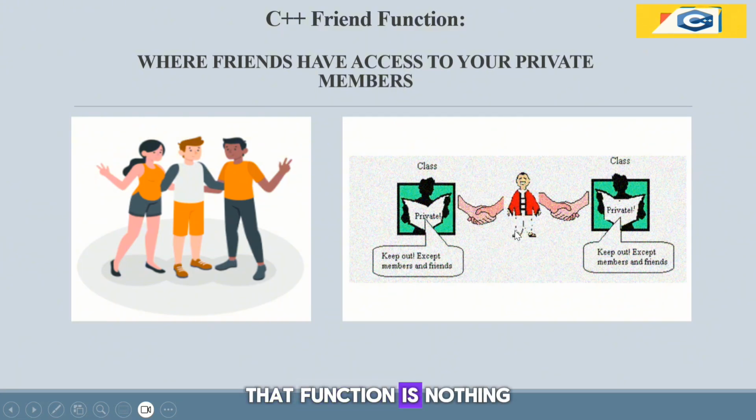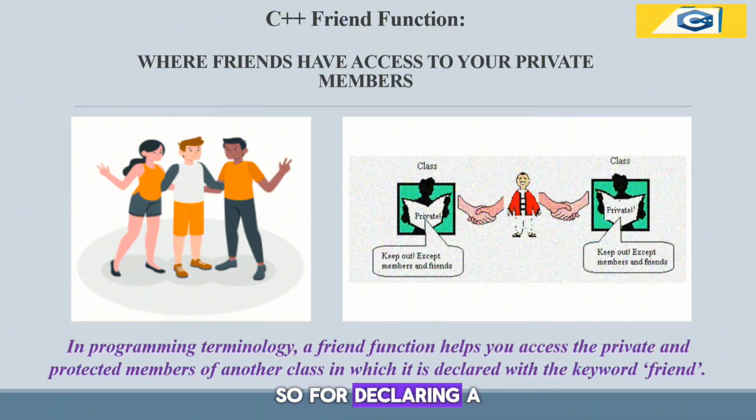That function is a friend function which wants to access the private member of the class. For declaring a function as friend, use the keyword friend.